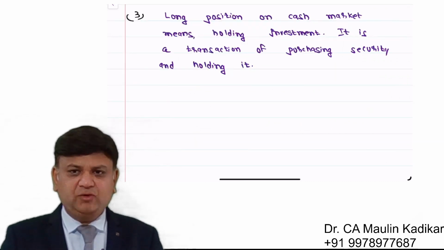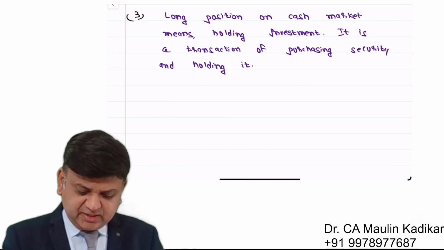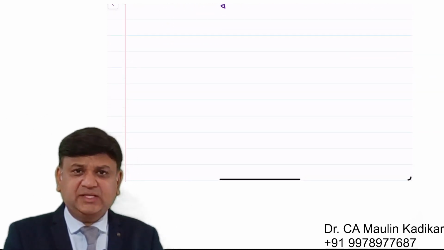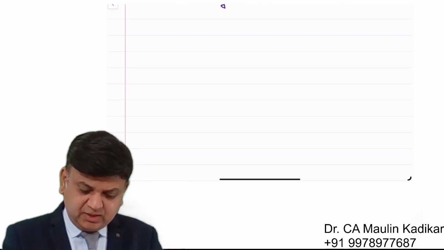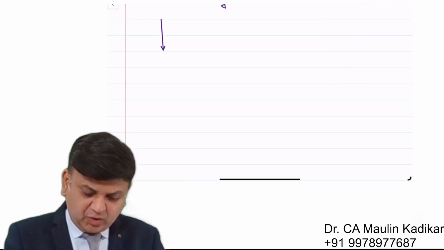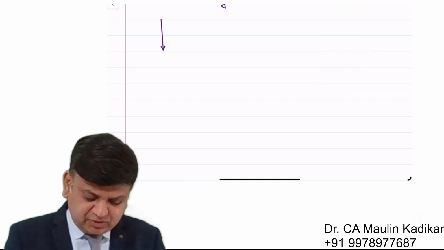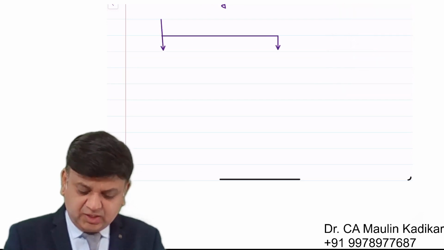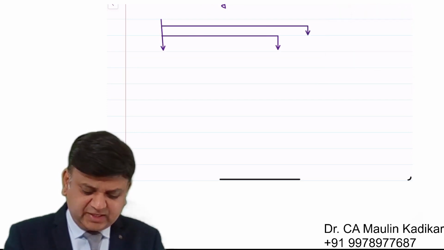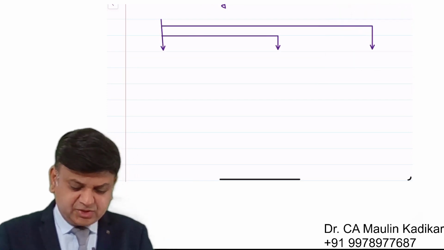One more thing that I would like to explain to you over here is this. As far as the transactions in the market are concerned, you can enter into three types of transactions in the market. We are going to understand that in detail, but just for the purpose of understanding, I give you an explanation.